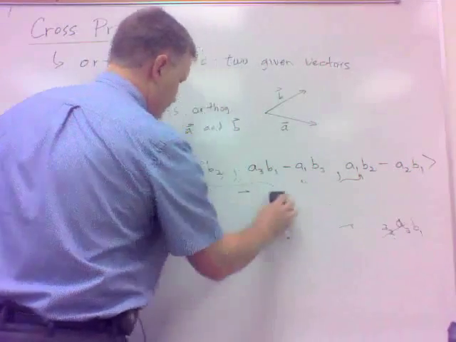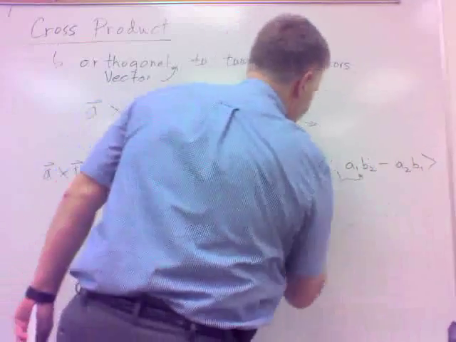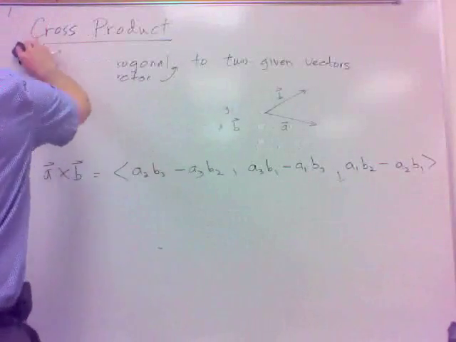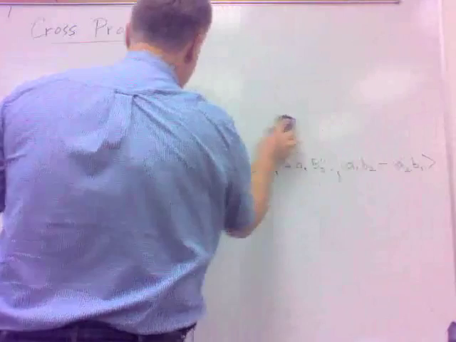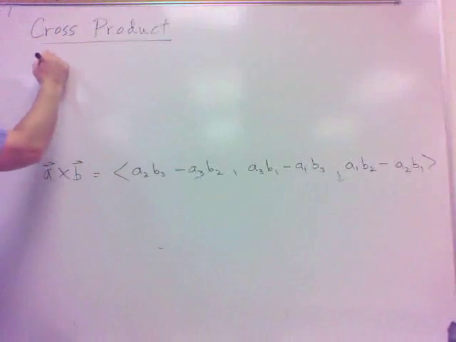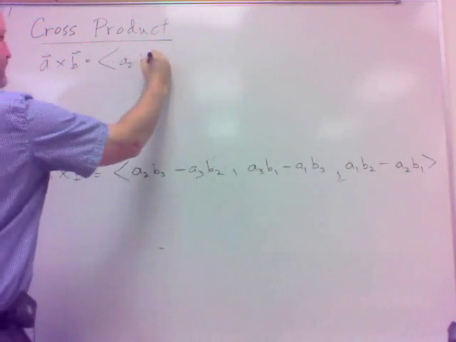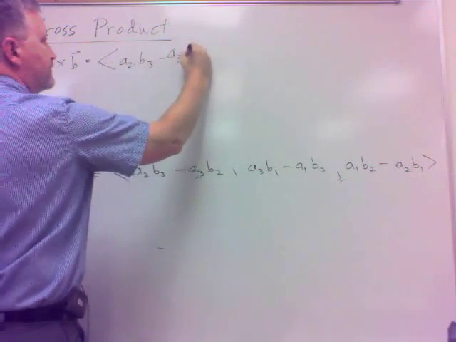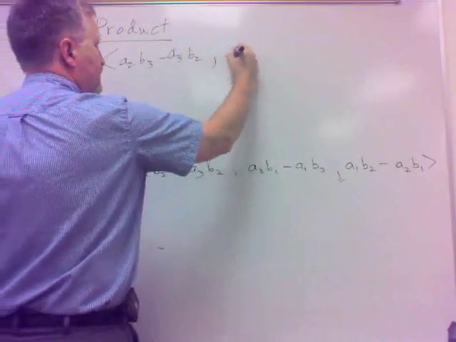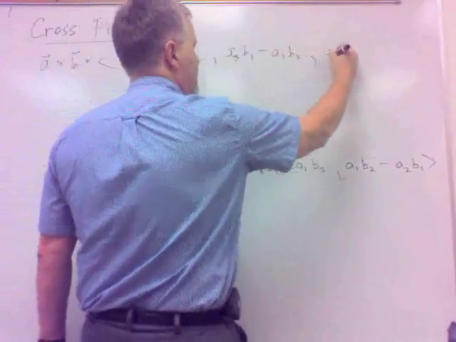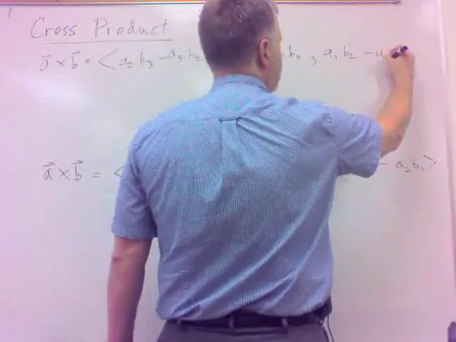First, let me copy it up here. All right, so we've got A cross B: A2, B3, minus A3, B2, A3, B1, minus A1, B3, and then A1, B2, minus A2, B1.